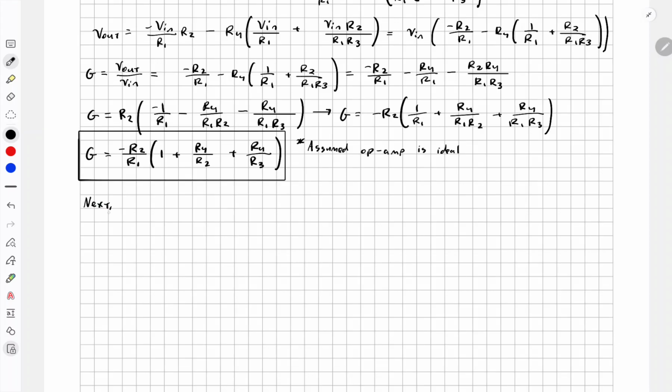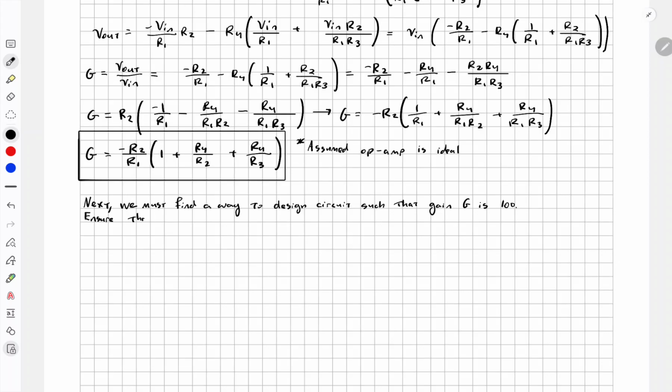So next, we must find a way to design the circuit such that the closed loop gain is 100. We are given some limitations.